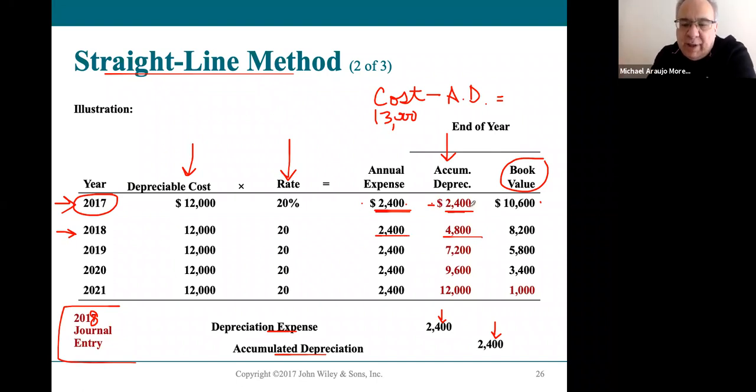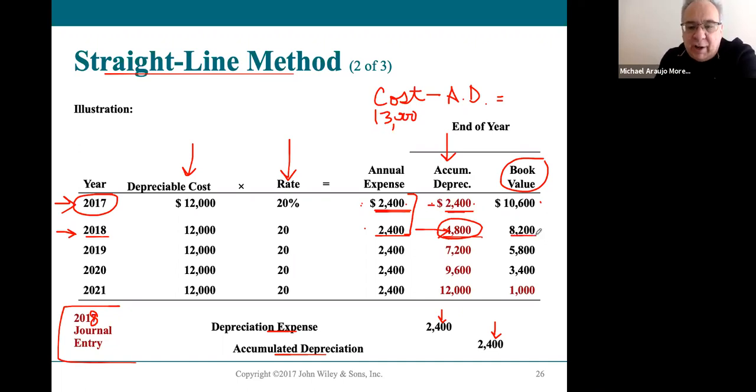So if you've accumulated 2,400 for 2 years, your total accumulated is 4,800. So after 2 years, you've written the truck off for 2 years in a row. Each year, 2,400. So a total of $4,800 of this truck has already been expensed through depreciation.